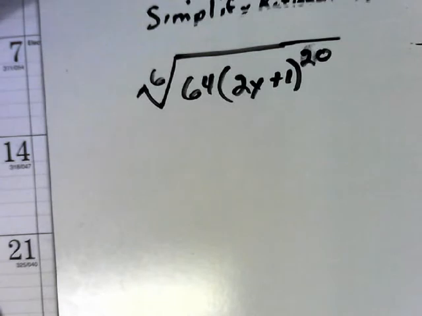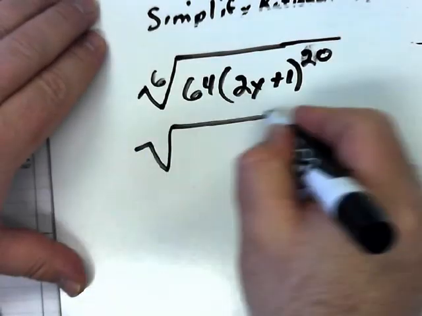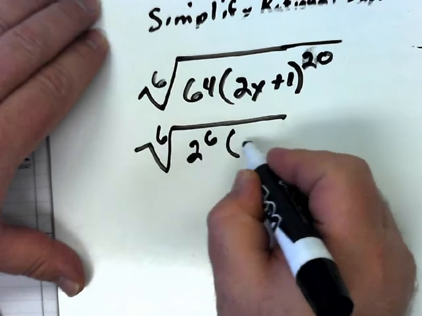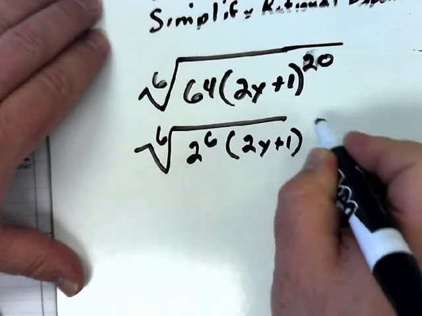Times another 2, which is 8. Times another 2, which would give me 16. Times another 2, which is 32. Times another 2, which would be 64. Correct? So I could rewrite this as 2 to the 6th, 2y plus 1 to the 20th.